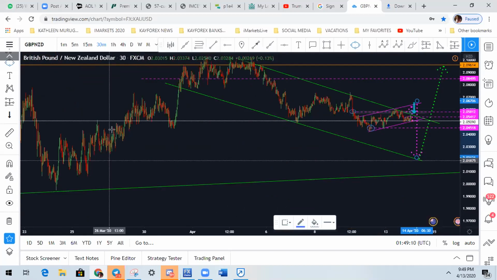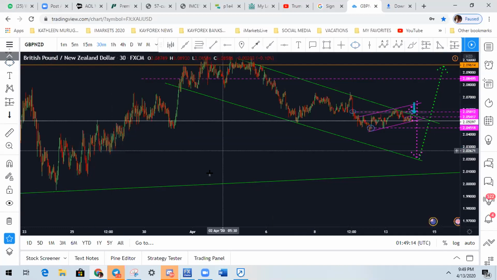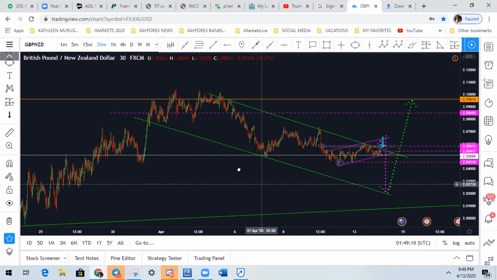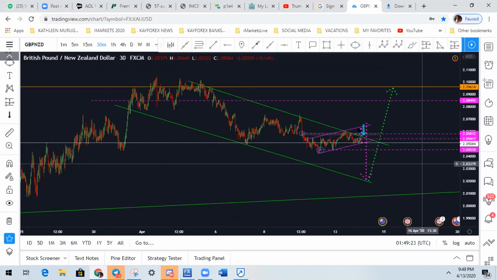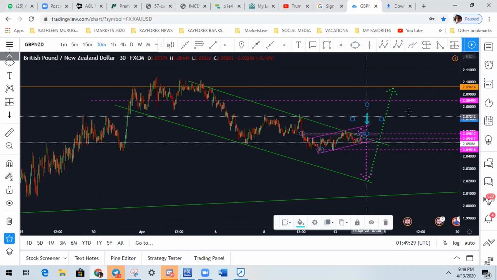If you look left, we're on the lower time frame, but price struggled in that area, at least for now. And we are together in the group anyway, so we can always update each other.